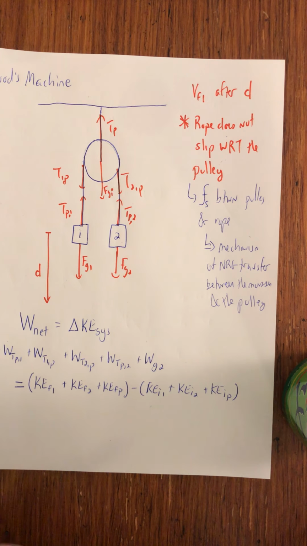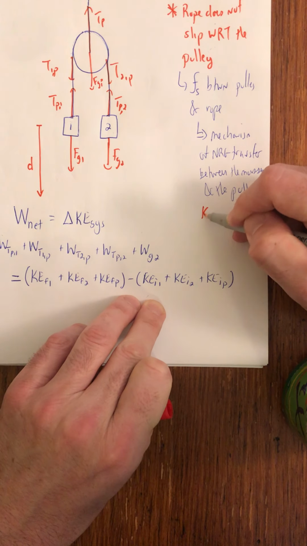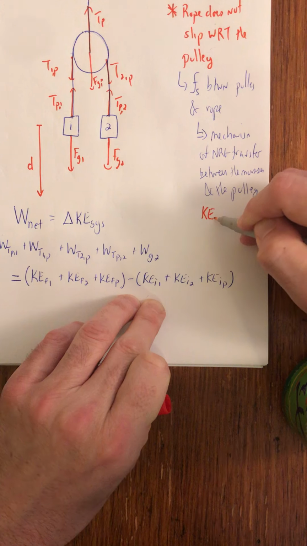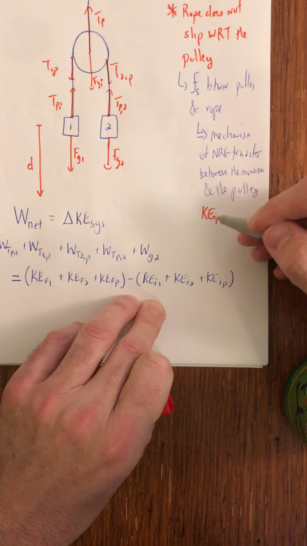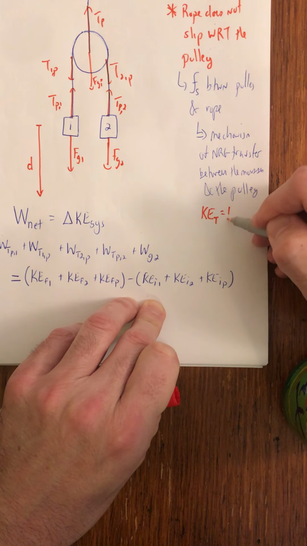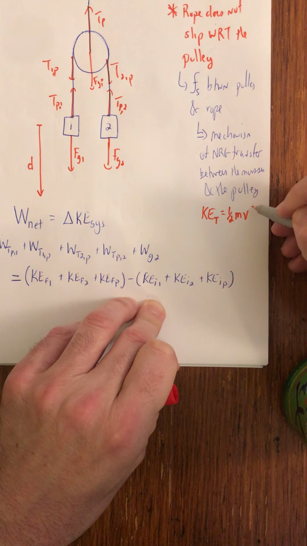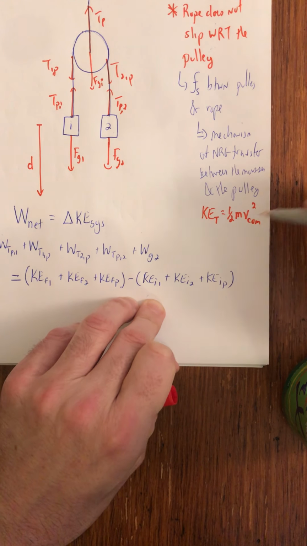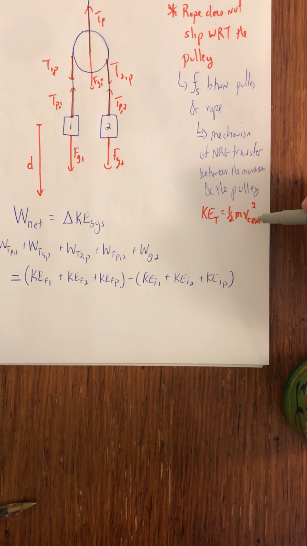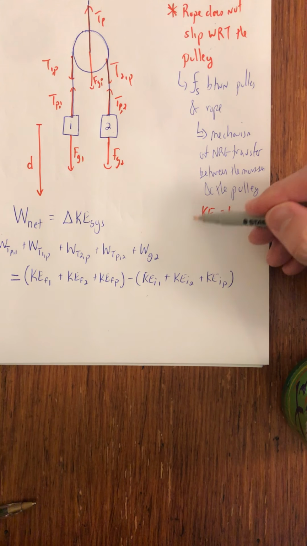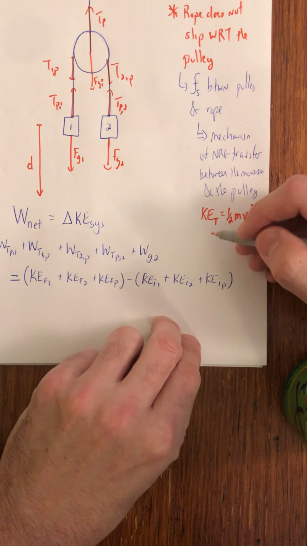Now let's go to our next conversation, and that's kinetic energy. What are we talking about? Remember, there are two types of kinetic energy. One we'll call KET, translational kinetic energy, which is about the velocity or speed of the center of mass. If the center of mass is translating, something has translational kinetic energy.